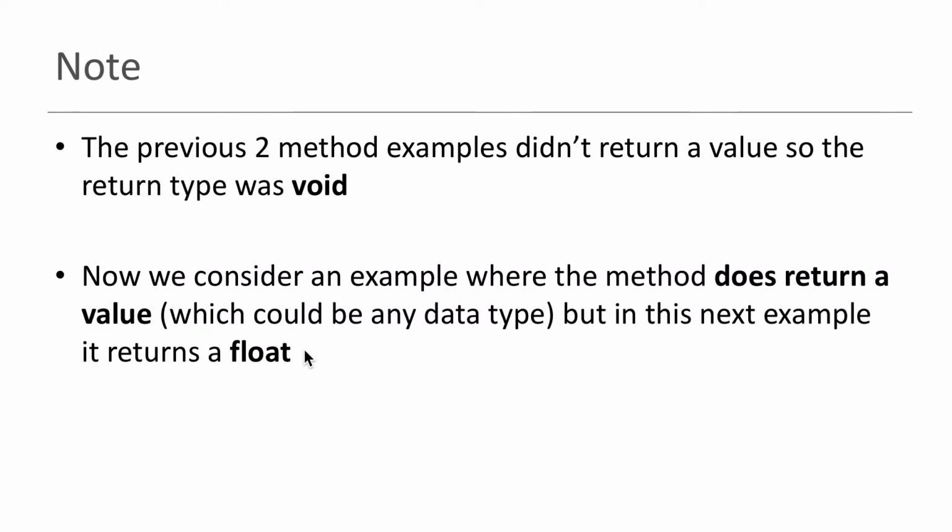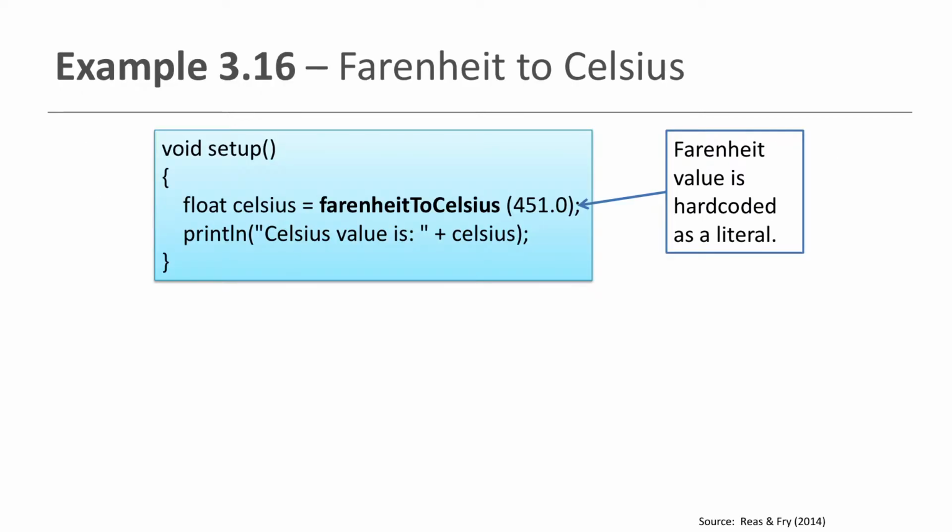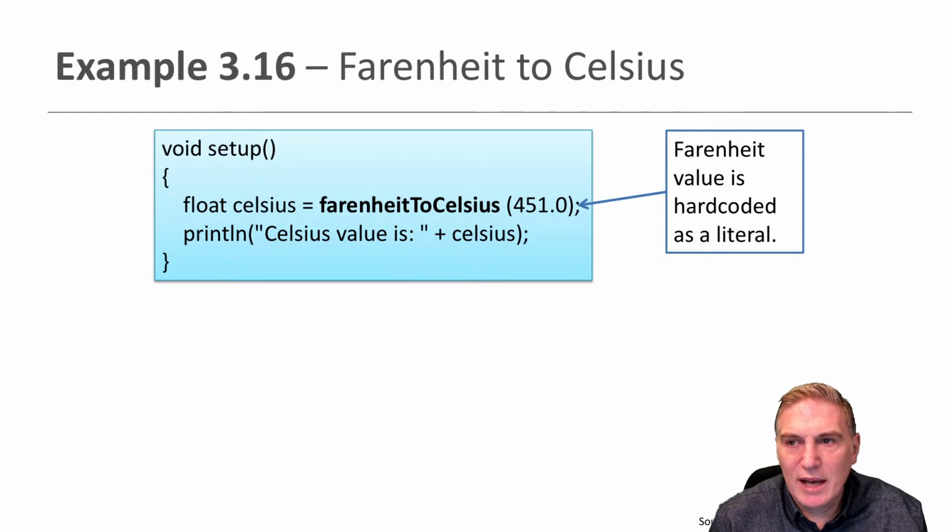So the previous two method examples didn't return a value, so the return type was void. And now we're going to look at an example where the method does return a value, and it could be any data type. But in this next example, we're going to return a float. So we have Fahrenheit to Celsius is what we're trying to do.